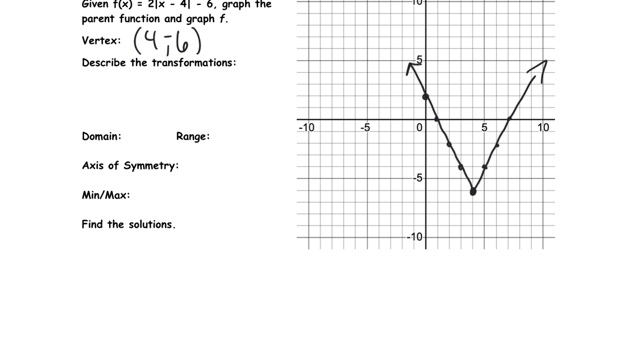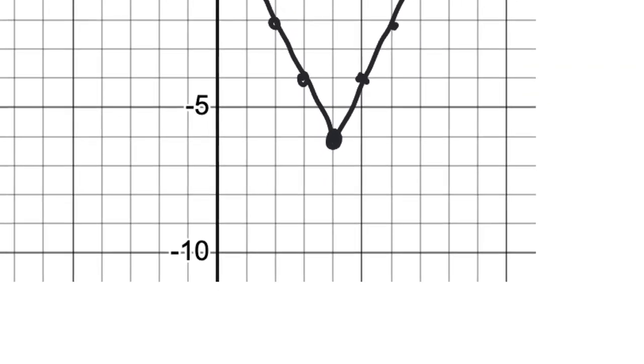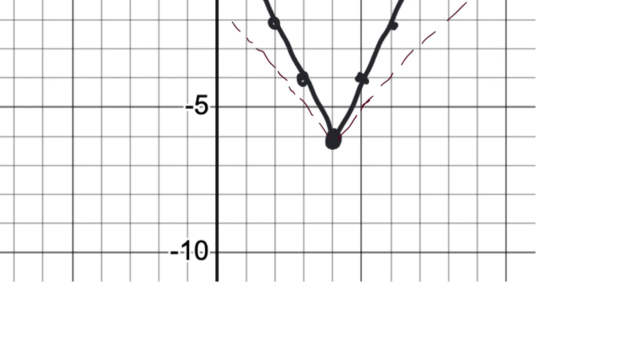Now I want to talk about that A value with regard to every single function we'll do from here on out. If I had graphed the parent, it would have gone right through here, right? Like so. It's 1, 1, 1. So do you see how this point right here compared to this point right here, compared to this point right here, we got 1, 1, we got 2, 2, we got 3, 3.